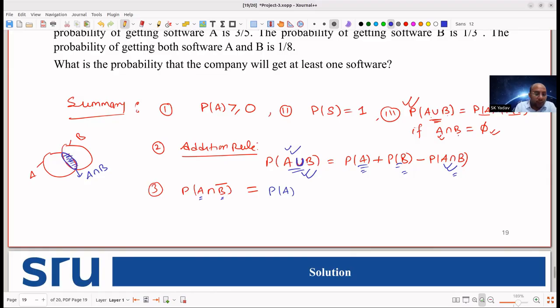But I don't want any portion of B because this is A but not B. So I subtract P of A intersection B. Similarly, you can write the other one, the probability of A bar and B. This means the probability of B but not A. This is simply the probability of B minus the probability of A intersection B. I take entire B, which includes this common portion, and when I subtract it, I get only B but not A. So these two rules are very easy with a Venn diagram.